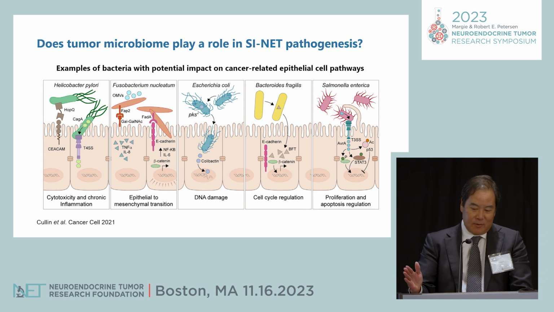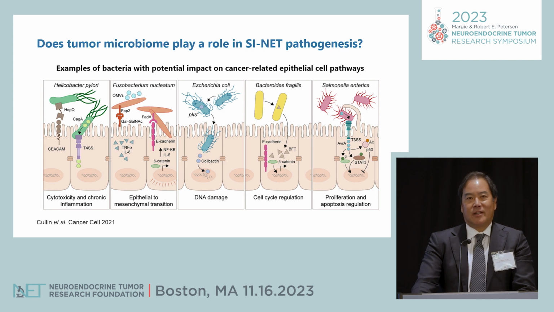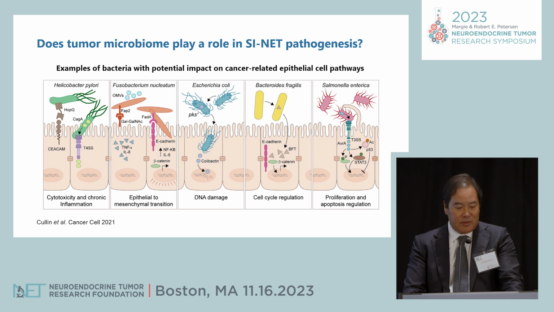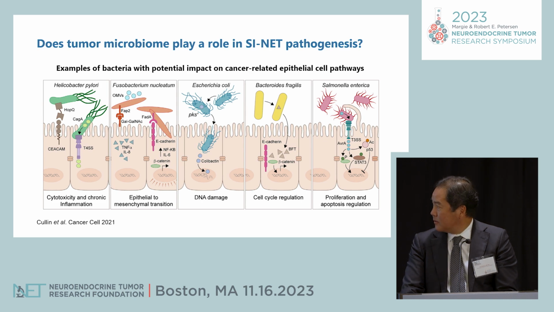So there's a lot of precedent for the microbiome being linked to carcinogenesis. And given that the GI tract is very abundant in microbiome and has a very diverse supply, it's an interesting target to evaluate.